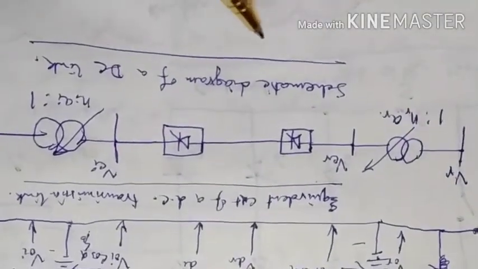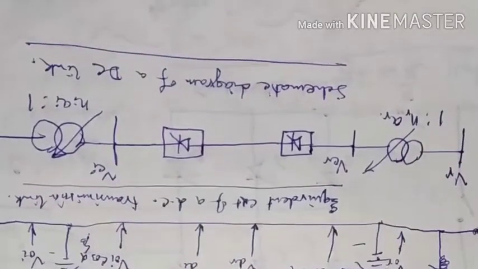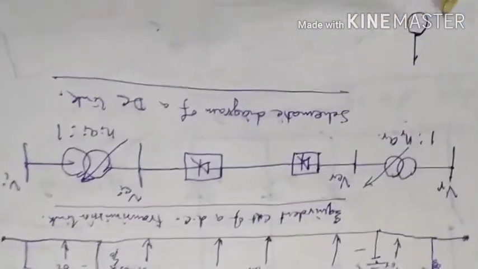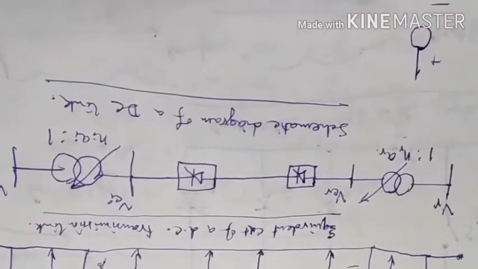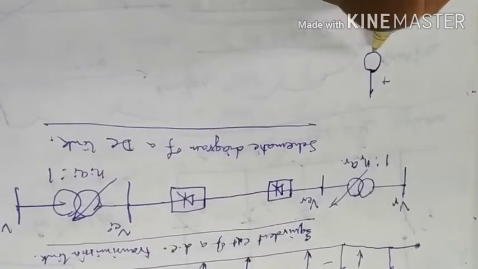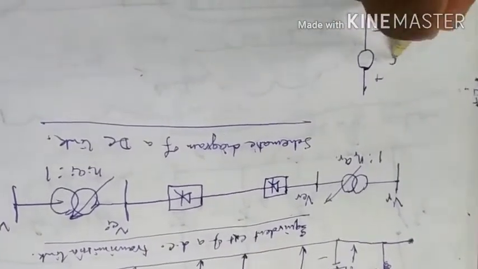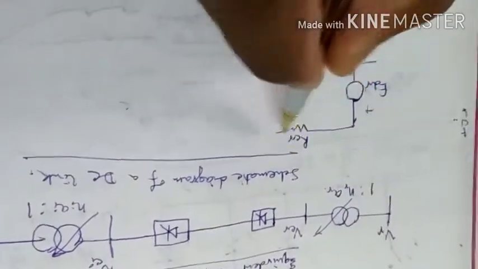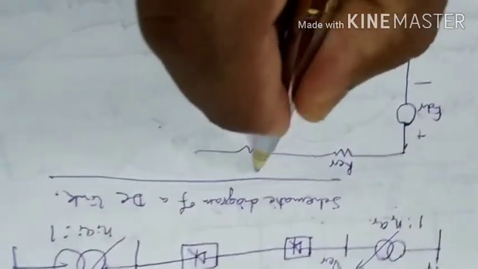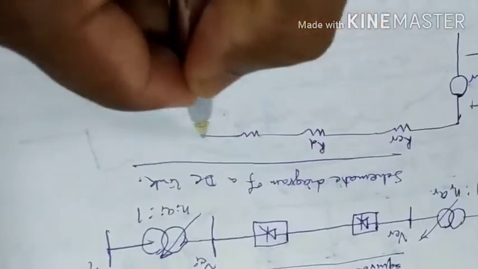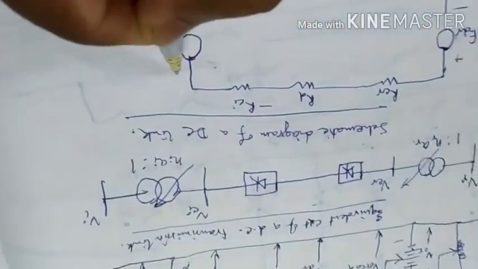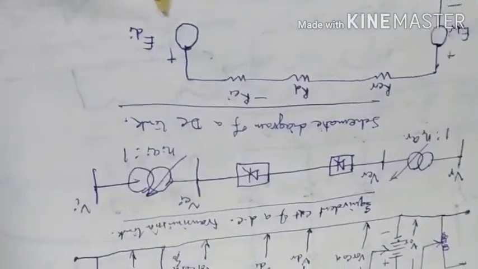If we draw the steady state equivalent circuit of a two terminal HVDC link, it will be just like this. That is the EDR, that is RCR, that is RD, that is RCI with a minus, and that is VDI.